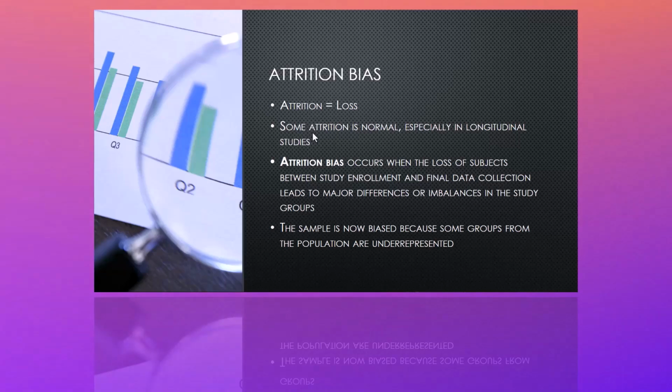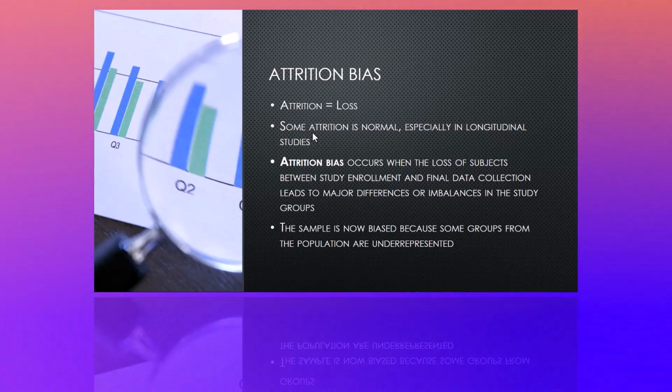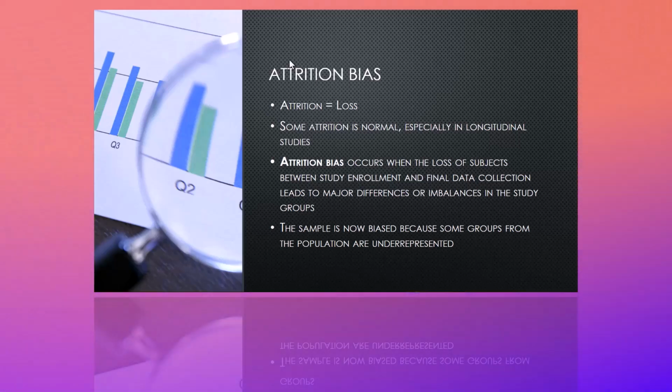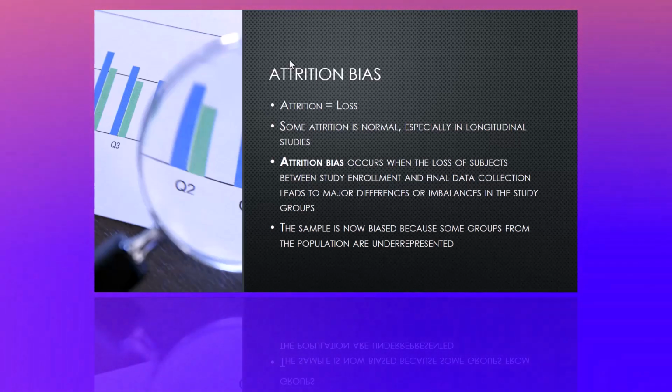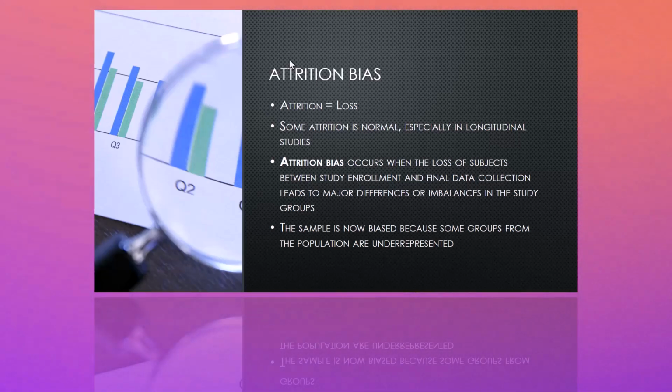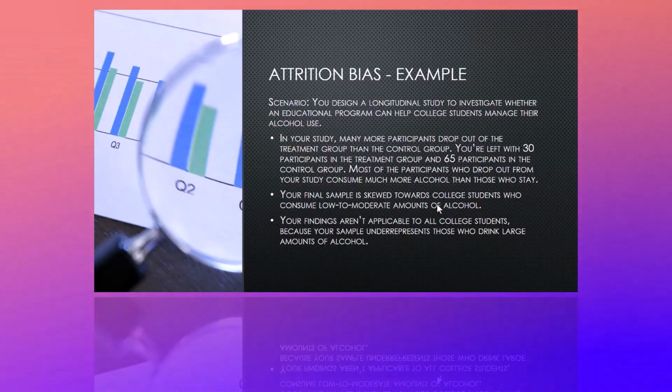In longitudinal studies, ones that go over a long range of time, maybe even years, we definitely see attrition. But bias is when that attrition does lead to imbalance in the groups. And the sample is now biased because some groups from the population are underrepresented. This was the second scenario.